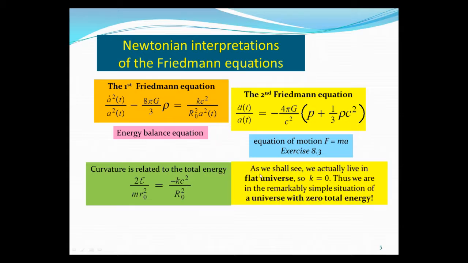As we shall see, we actually live in a flat universe, which means k equals 0. Thus the universe we live in has a remarkable simplicity, with a total zero energy. The kinetic energy of expansion and the gravitational attraction precisely cancel. That's really amazing and simple.